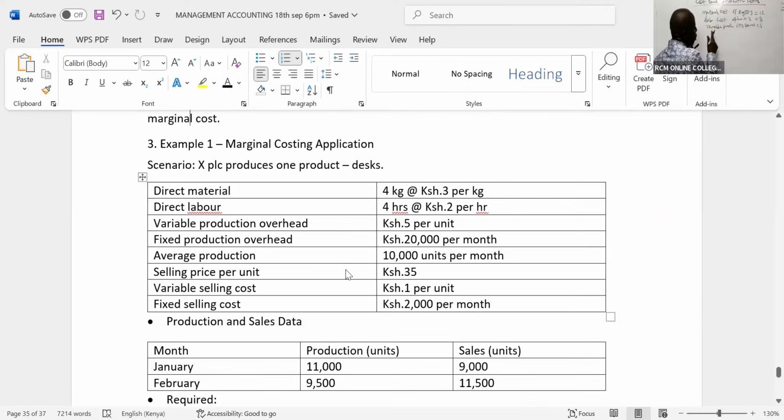Of course, because this is full costing, we must also bring fixed production overhead per unit. Remember, it is 20,000 per month, for producing 10,000, which gave us 2. And at the end of the day, we see a figure of 27.